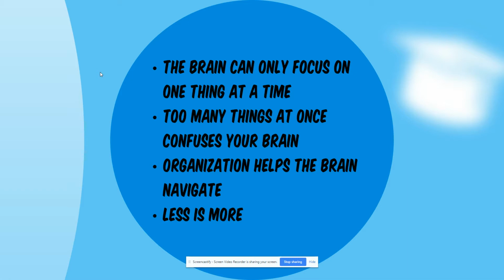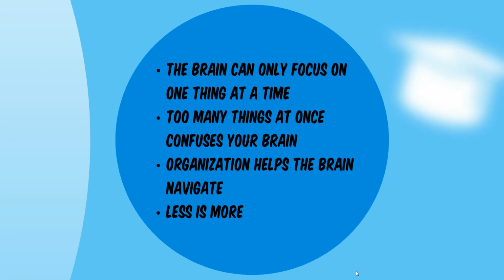So keeping things organized will help people navigate when looking at your information. And less is more. You want to make sure that the information is the primary thing that people are seeing. And if there are no other things going on, that's fine. We just want to make sure that the information is coming across.